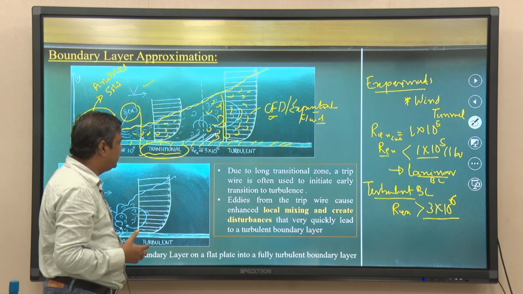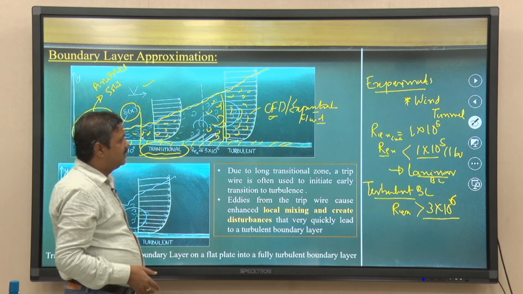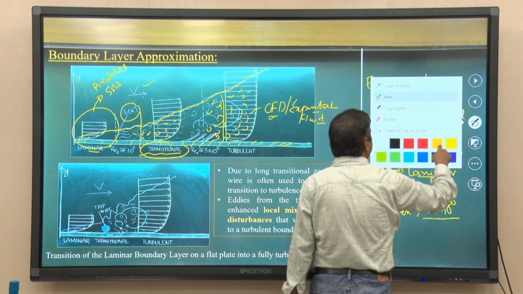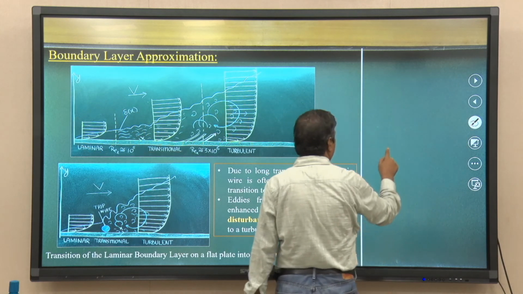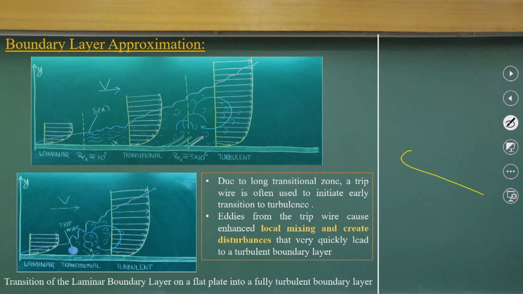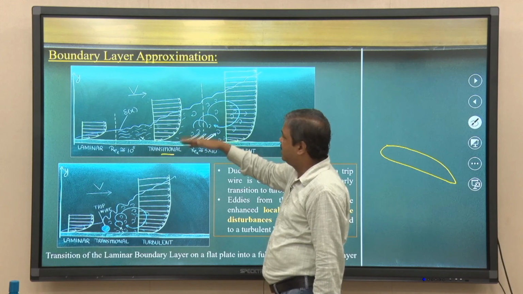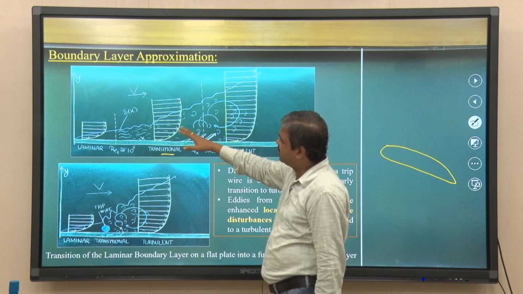In the case of aircraft wings, we try to put structures in such a way that we avoid these transitional zones, because of this transitional zone there will be acoustic components, heat generation components, other complex components, all the complexity will come.